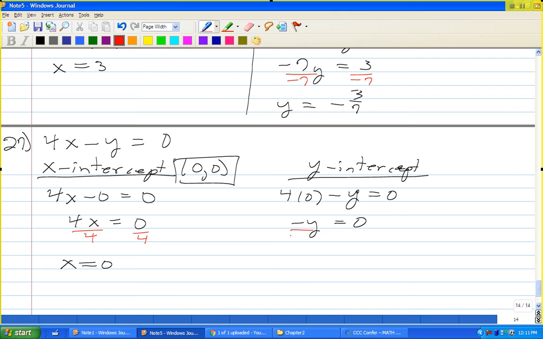Divide by negative 1. So y equals 0. So the x and y intercepts are just at the origin. So this curve happens to pass through the origin. Let me do problem number 29.